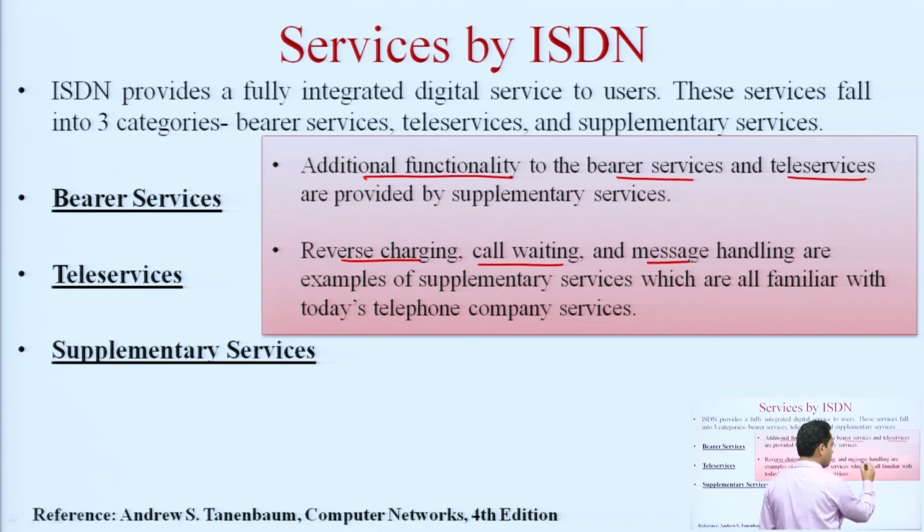Then message handling service, we are getting the missed call alerts. Yes, this is the supplementary service which is under the ISDN. So, I hope with these examples, the role of supplementary services is clear to all of you. These are some examples of supplementary services which we have with the Tele Services and the bearer services. So, these are the services provided by ISDN.